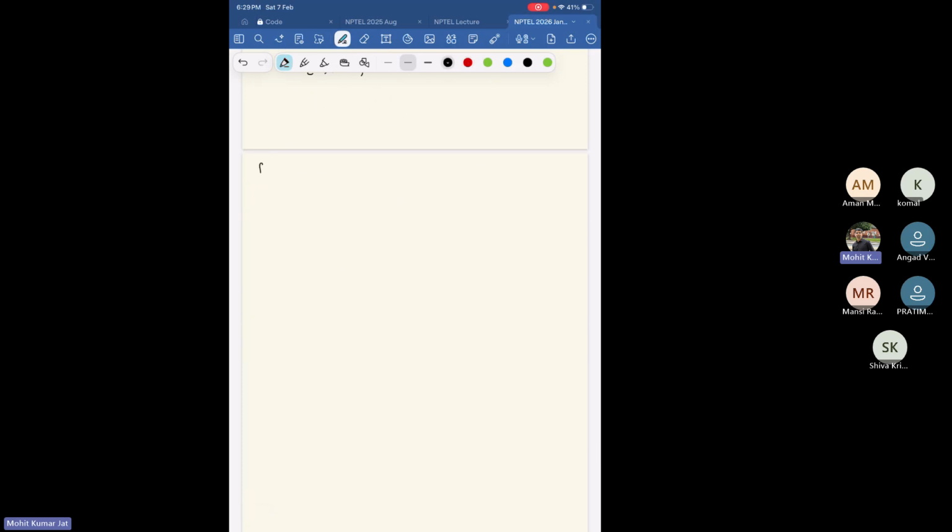F(E) given in the question is 0.9, and that will be equal to 1 over 1 plus exponential of (E minus EF) by kBT, right? And if you manipulate the equation, it will be 0.9 plus 0.9 times exponential of (E minus EF) by kBT equals 1, right?